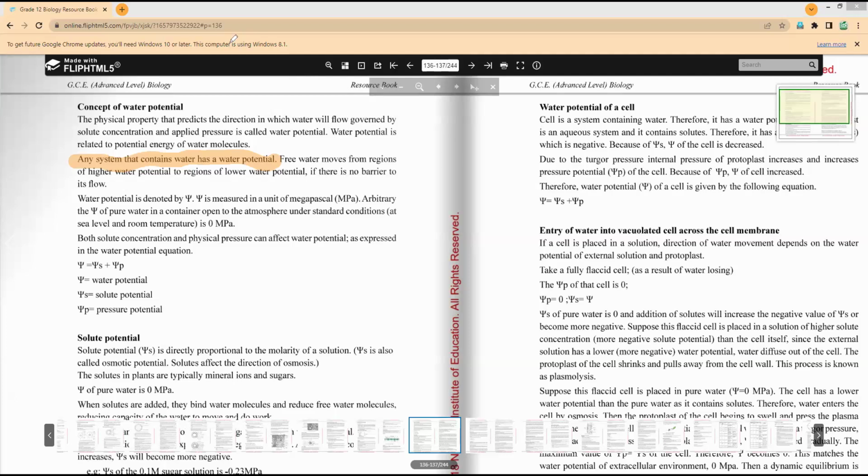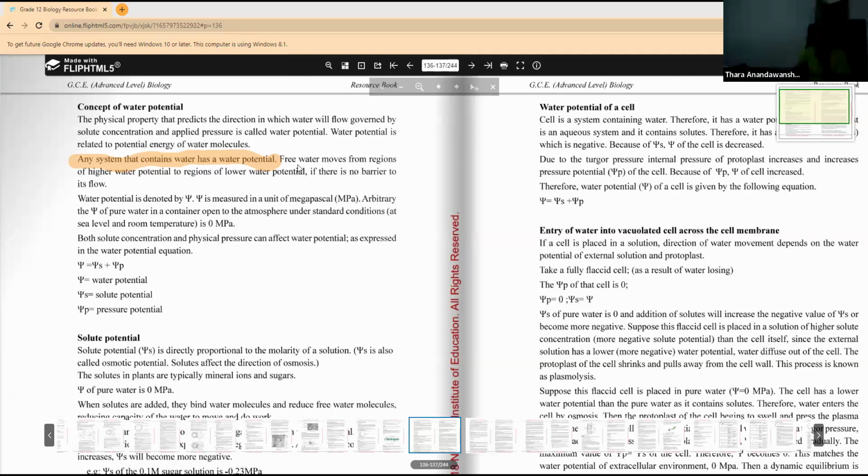Next sentence, it says what we told, but there's a little addition to what we told. It says free water moves from regions of higher water potential to regions of lower water potential. The free water part, please add to yours also, because there is meaning in this.